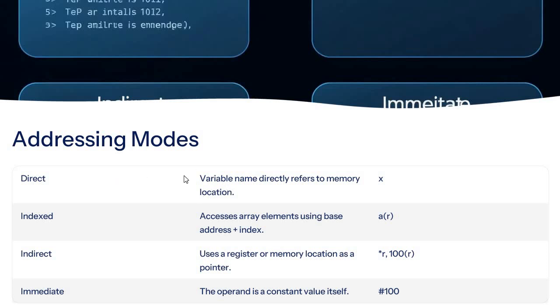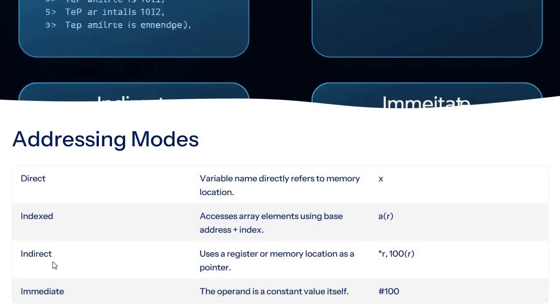Here the variable name refers directly to the memory location, for example X. Second is indexed. It is typically used for arrays where the final address is computed as base plus index, for example A(R).